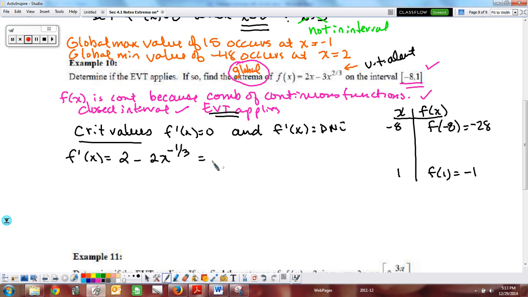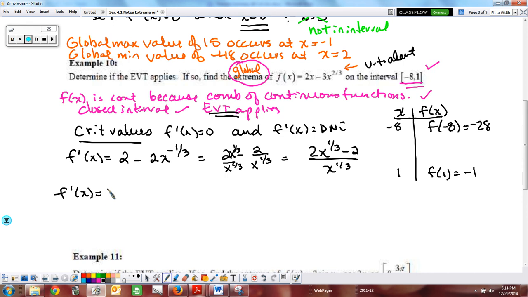And again, we like it to be in a single fraction, so I'm going to go ahead and rewrite this as 2 minus 2 over x to the 1/3. We might add a form of 1 in here, kind of working ahead. So we get 2x to the 1/3 minus 2 over x to the 1/3.